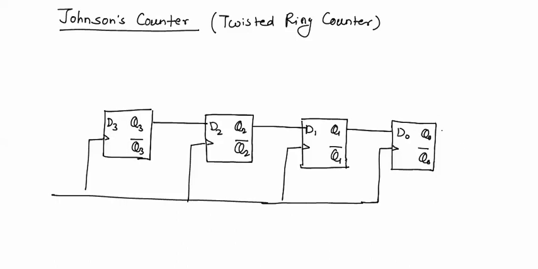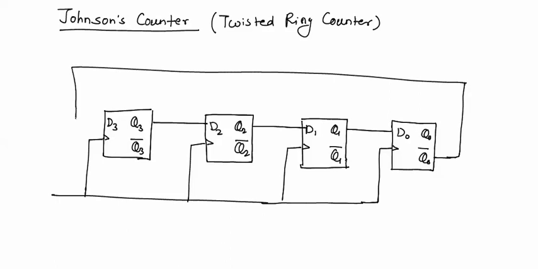Now in the ring counter, we have seen that Q0 was given in feedback to D3, but in the twisted ring counter, the output Q0 bar will be given as an input to the first flip-flop.